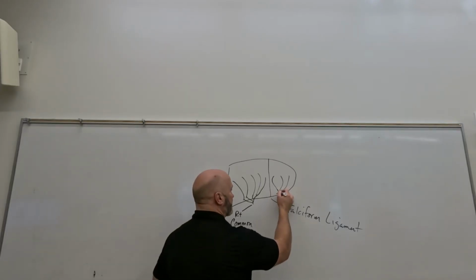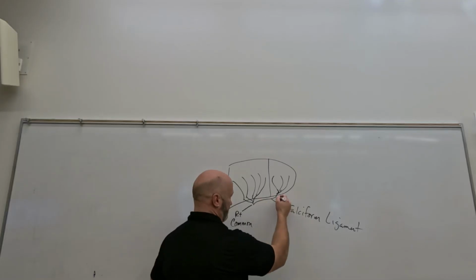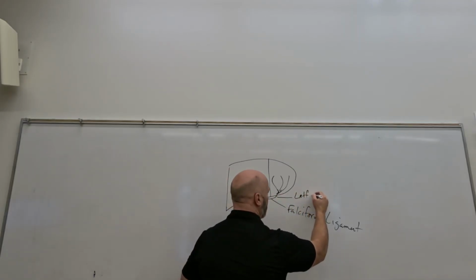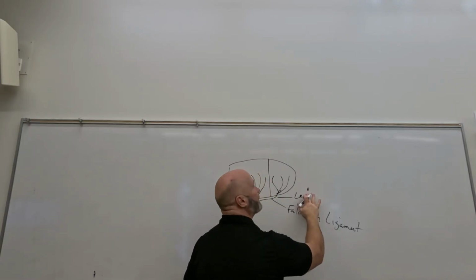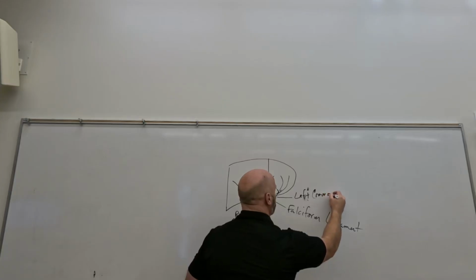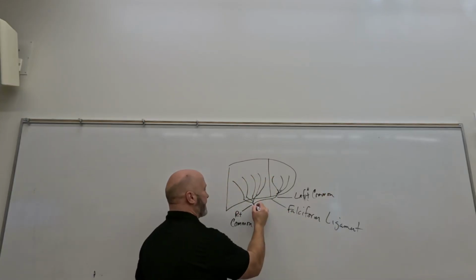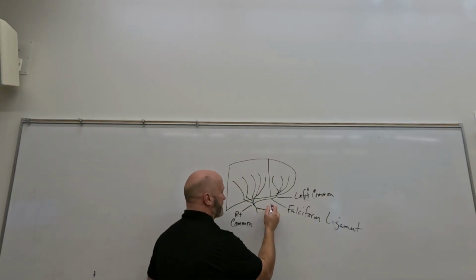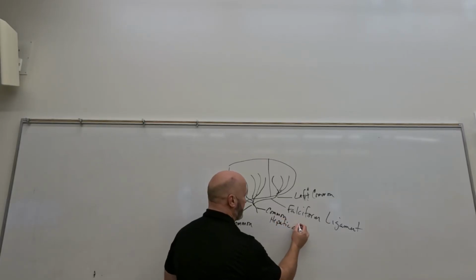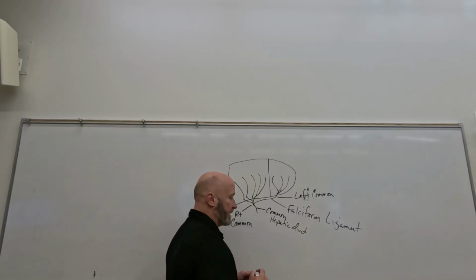The ones on this other side will join together and also create the left common duct. All right, so they join up together, and when they both come together, that creates the common hepatic duct. Okay, so we're still missing a couple of things.